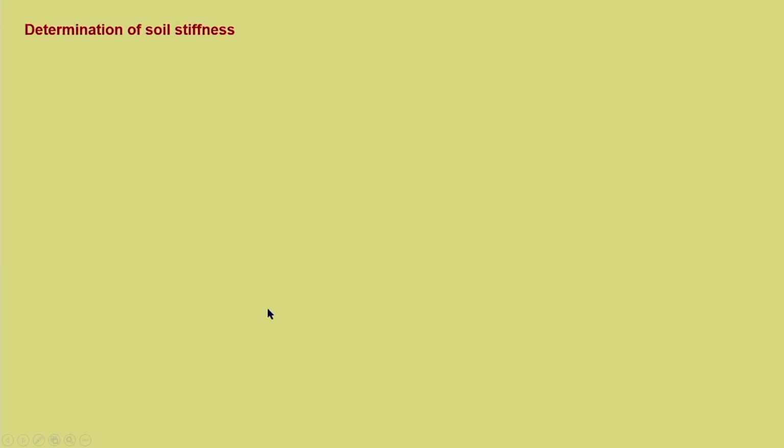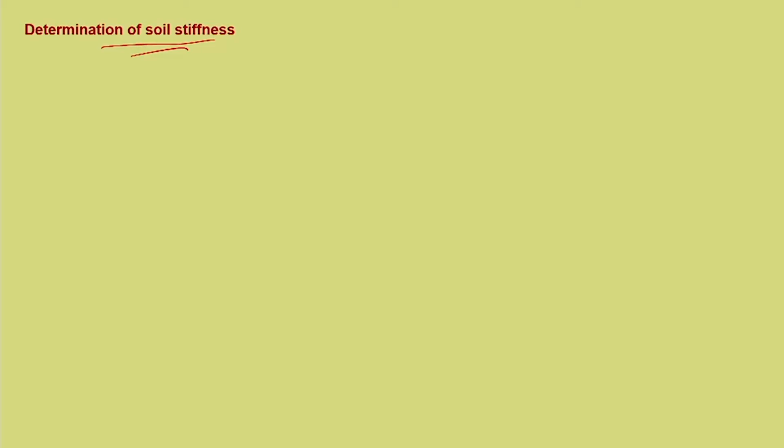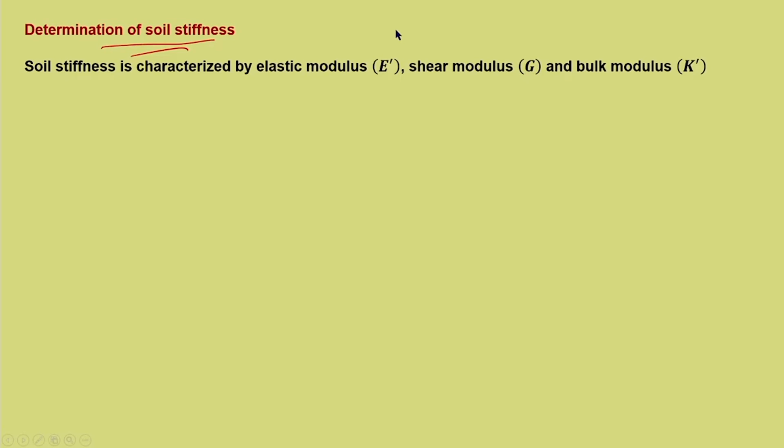Now, that is all related to the prediction, and another aspect that we can predict based on critical state framework, or very specifically MCCM, is the soil stiffness. So, the next discussion is determination of soil stiffness. Soil stiffness is characterized by elastic modulus E dash, shear modulus G and bulk modulus K dash.